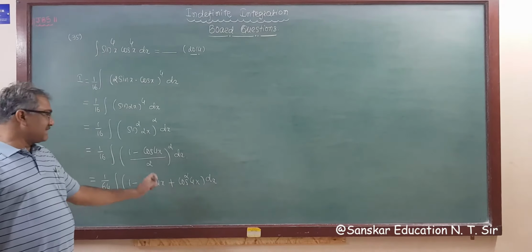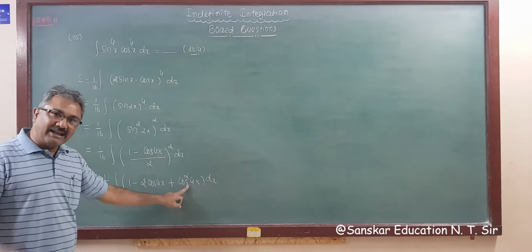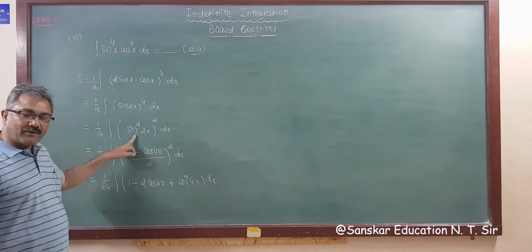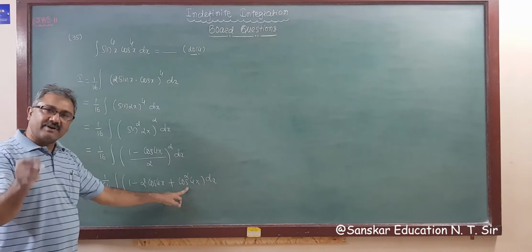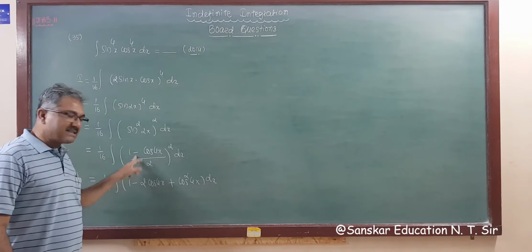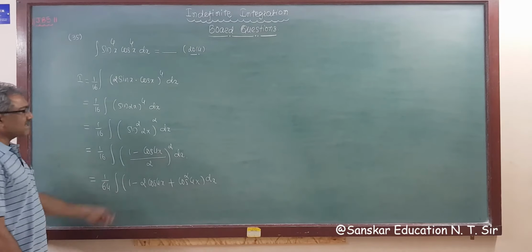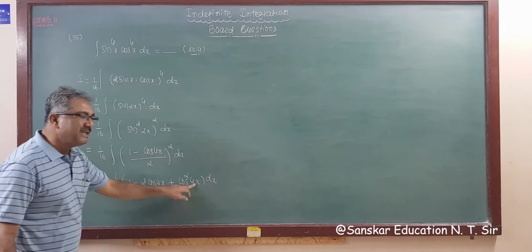This part is integrable, but this is not. So again apply the same kind of formula as for sine square, that for cos square is (1 plus cos 2 theta) by 2. So 2 times 4x means 8x.